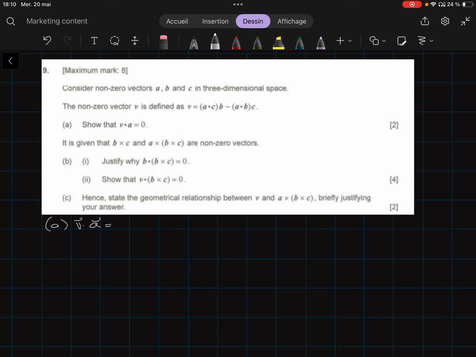So V dot A is A dot C times B dot A minus A dot B times C dot A. Because it is a scalar product, you can move things around.